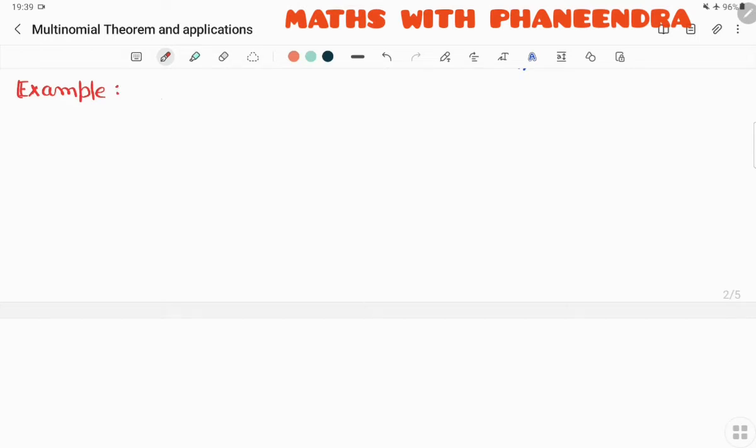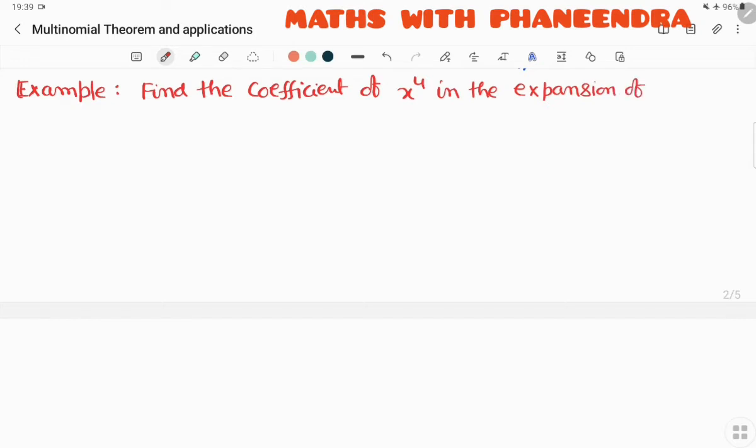Find the coefficient of x power 4 in the expansion of (2 minus x plus 3x square) whole power 6.